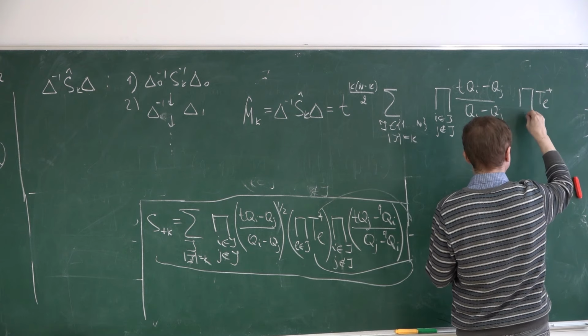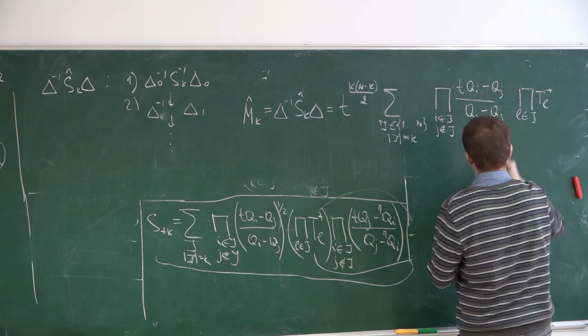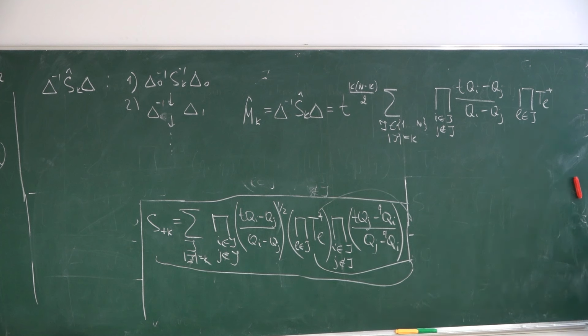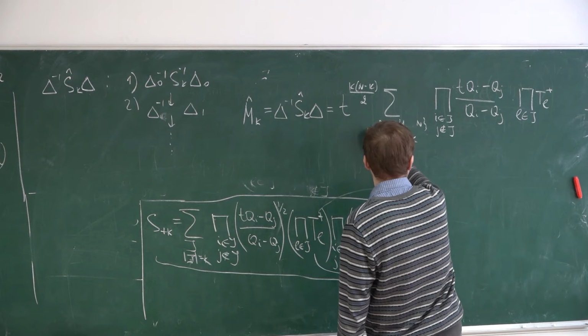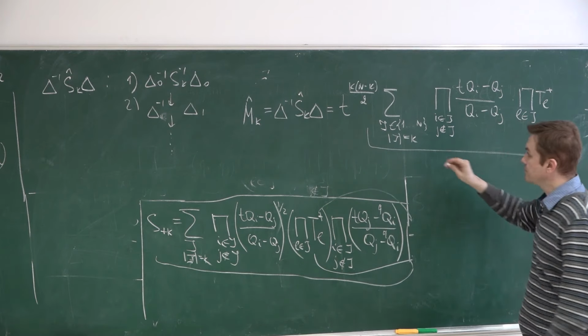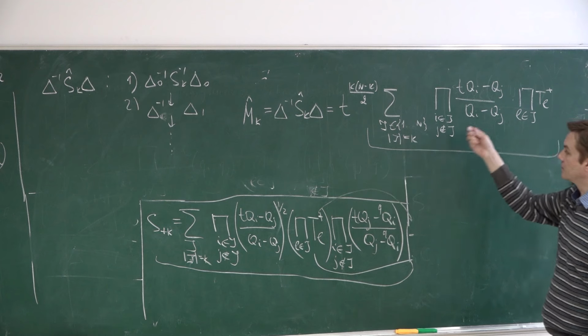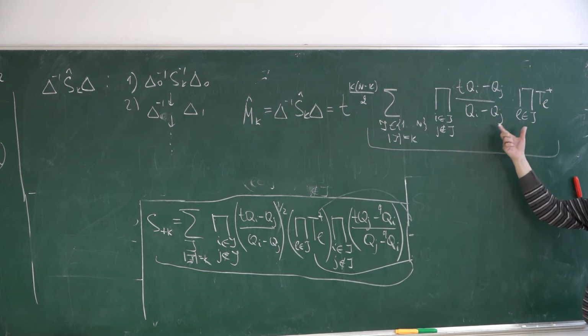So after conjugation, these operators become much simpler. They take a much simpler form. So in fact, up to this factor, this is what is called Macdonald operators.